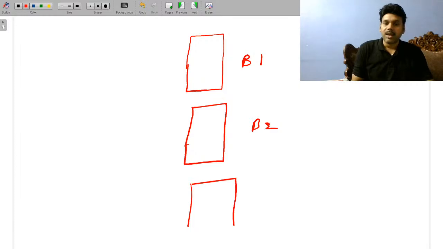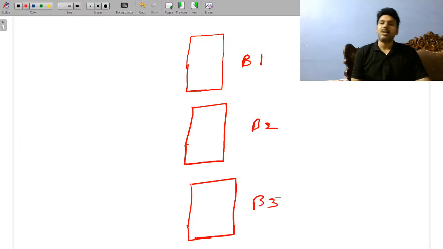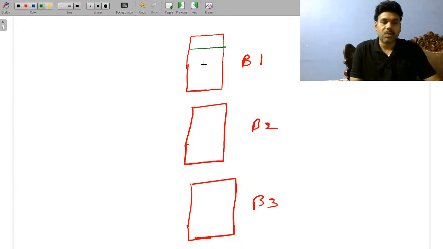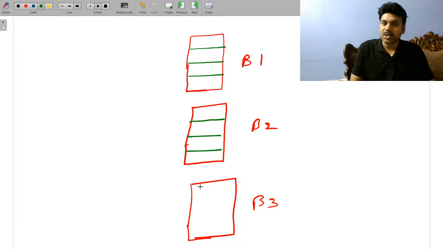In these blocks you can store your data, or you can store addresses. It can store both of them.